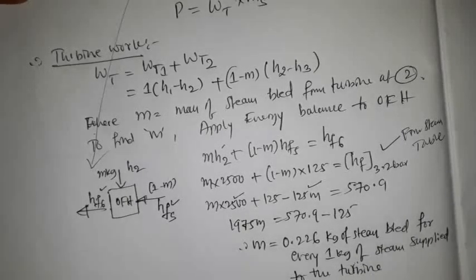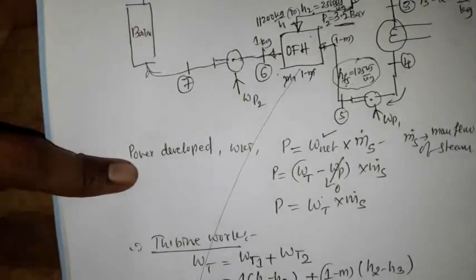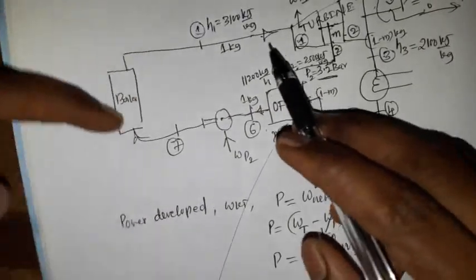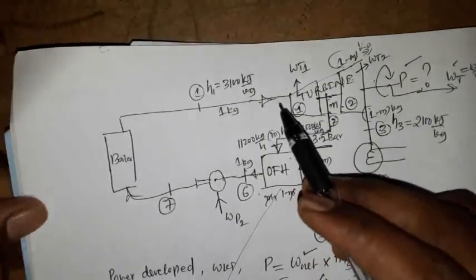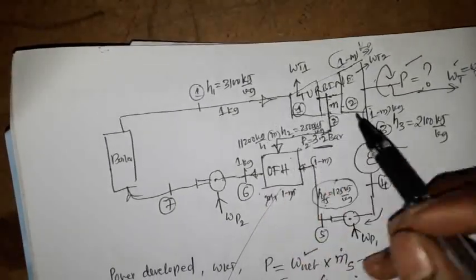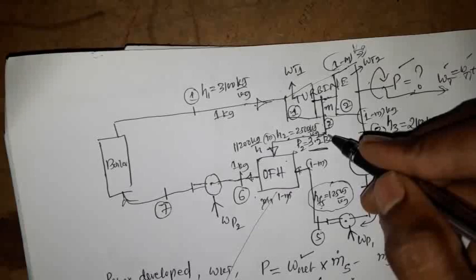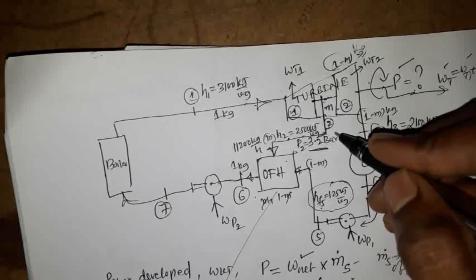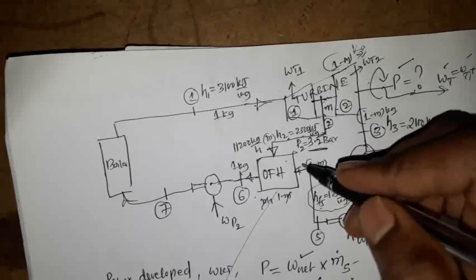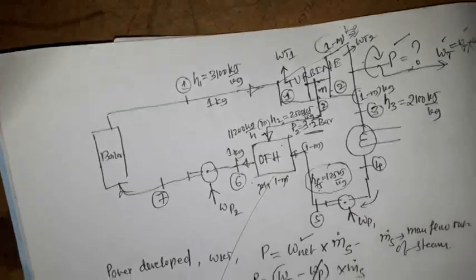Means if I am supplying 1 kg at the inlet of the turbine, I am bleeding 0.226 kg, that is 226 grams of steam is bled out.